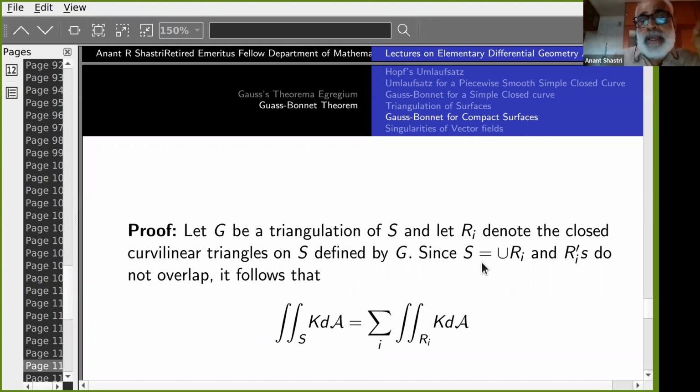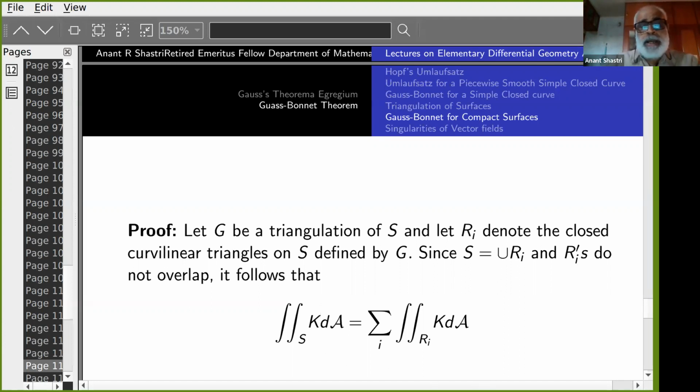So S is the union of the Ri, and the Ri's do not overlap. Each triangle stands on its own. Only two triangles will intersect along one single edge. In other words, every edge is common to two different triangles, so that nothing else can happen inside a surface.